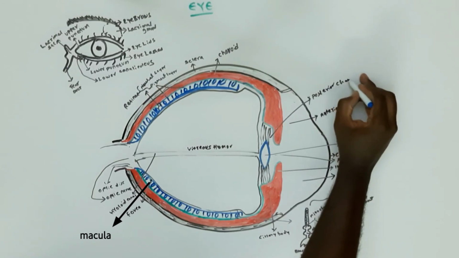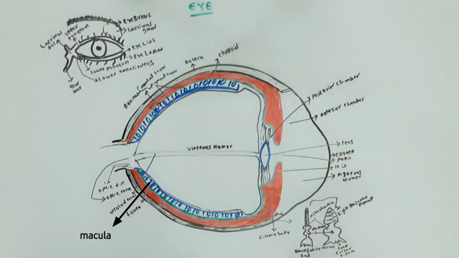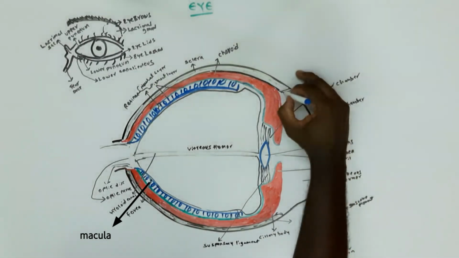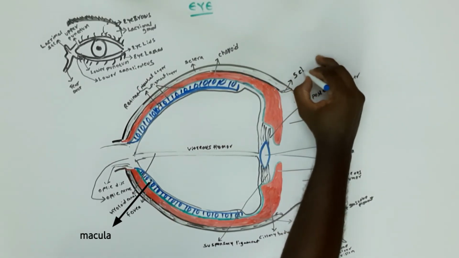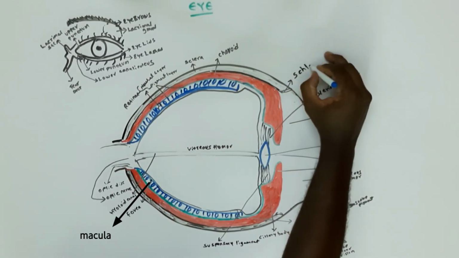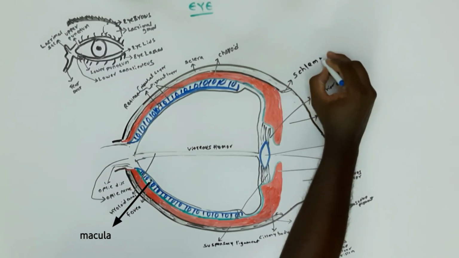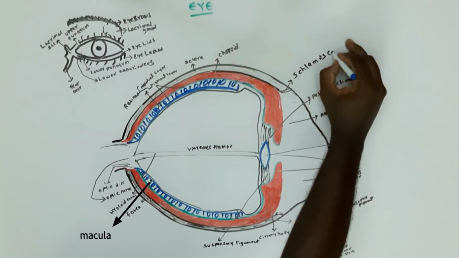Next we are seeing the suspensory ligament. It is attached to the lens by the ciliary body, and it is used when the lens adjusts to the vision. Next is Schlemm's canal, a circular lymphatic-like vessel in the eye that collects aqueous humor from the anterior chamber and delivers it into the episcleral blood vessels via the aqueous vein.